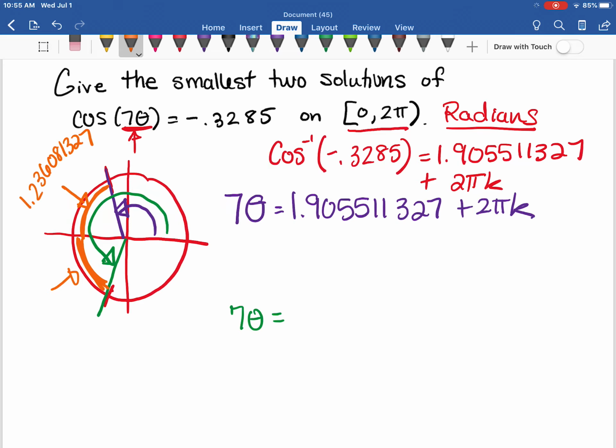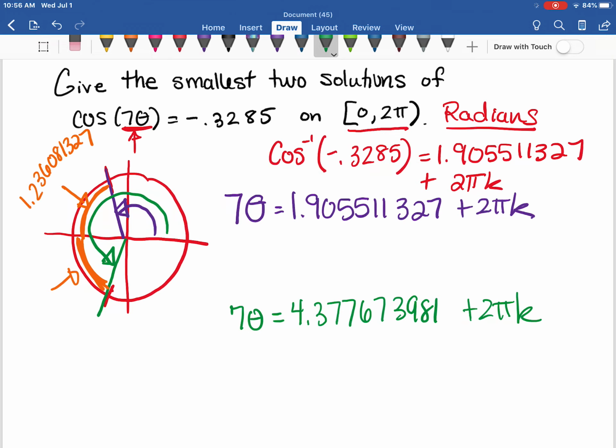So I know my green angle, the whole thing opens up, and it would be 4.377673981. And again, of course, you want to take into consideration that we can have multiples of 2 pi and still get that same ratio of negative 0.3285.